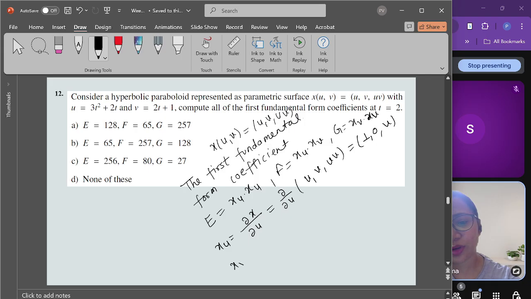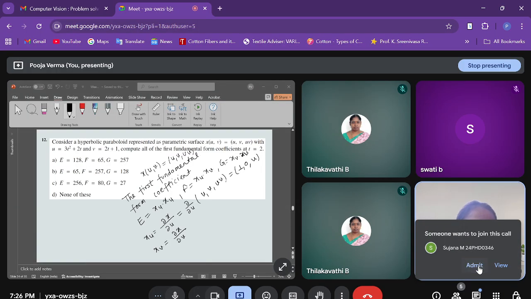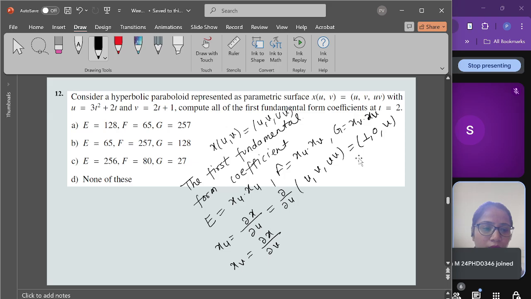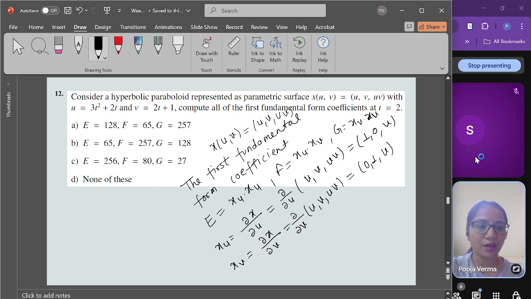Similarly, for x_v, you can determine the first derivative with respect to v. Just take the derivative with respect to v of (u, v, uv). Here you will get (0, 1, u), right?